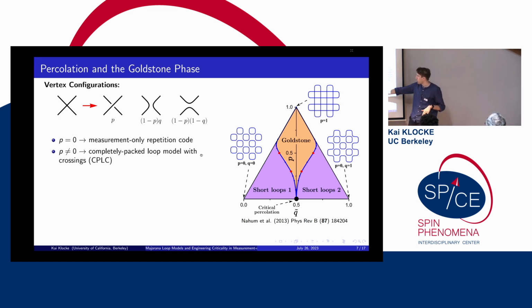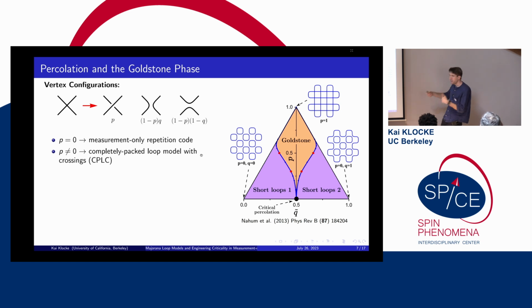And what one finds is that whereas I have critical percolation here without swaps, when I break orientability, that percolation critical point fans out, and I have an extended Goldstone phase. And this transition now here is in a totally different universality class. And the Goldstone phase itself is a little funny because you get these logarithmic corrections to loop observables.